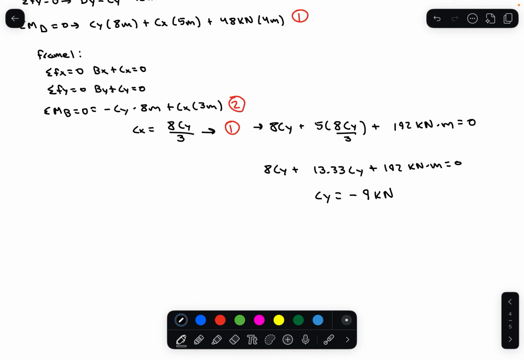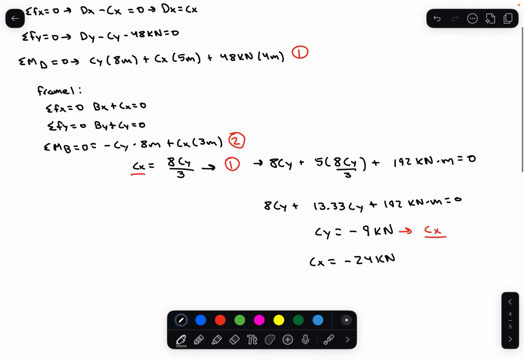So then therefore we can get Cx, just plugging this into the Cx equation, and that will give us 8 times 9 divided by 3 is 24, so negative 24 kilonewtons.